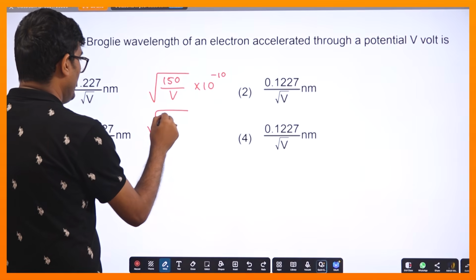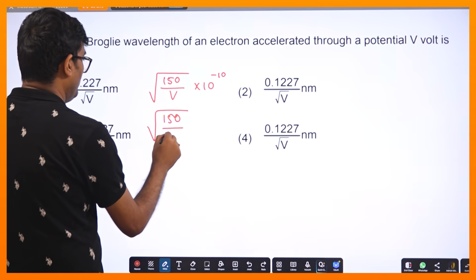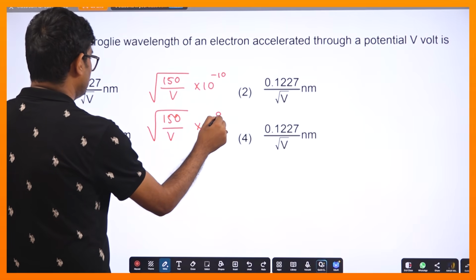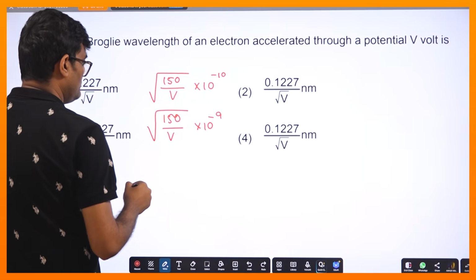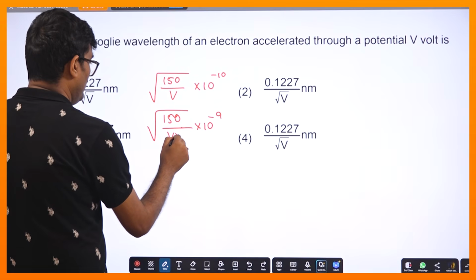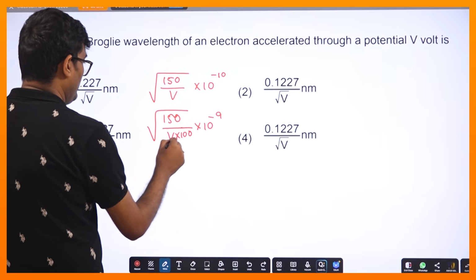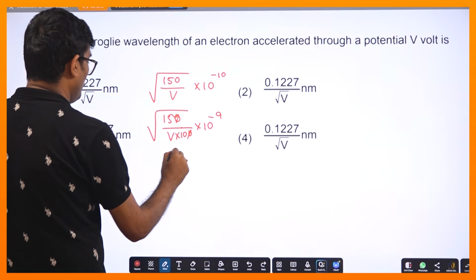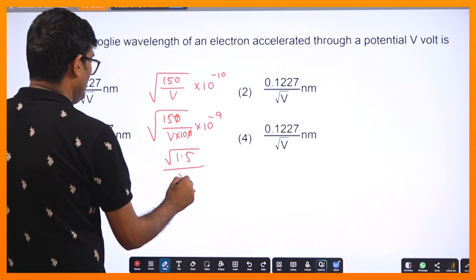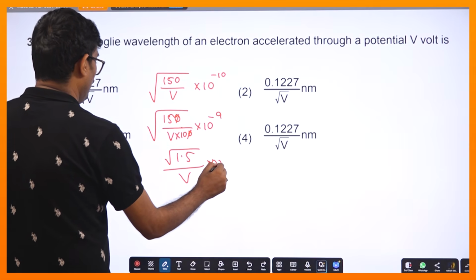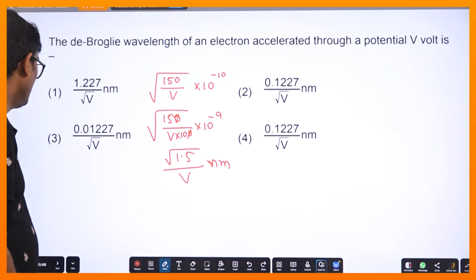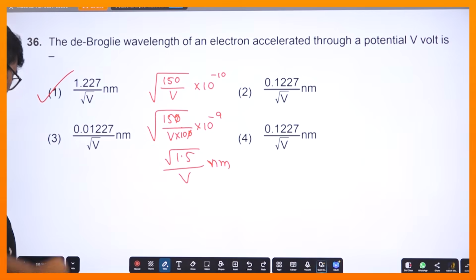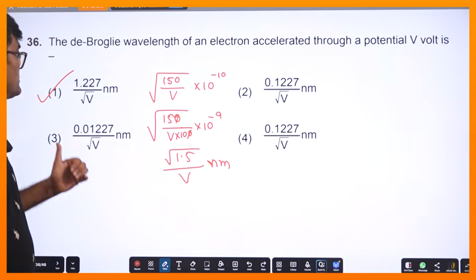If it has to be nanometer, 150 by V into 10 power minus 9, by 10 means I will take it inside. So root over of 1.5 by V nanometer, right? So I think this is the answer. Root over of 1.5 must be 1.227. So option A is the correct answer for this question.